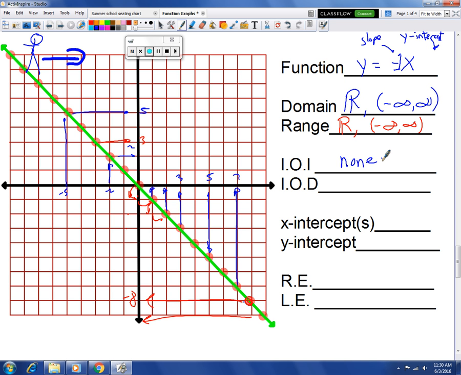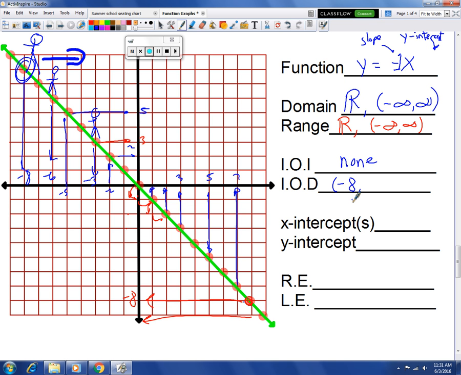All right, what's the interval of decrease? Well, let's see. At x equals 8, the green line is going down. At x equals negative 8, the green line is going down. At x equals negative 6, the green line is going down. At x equals negative 3, the green line is going down. Again, don't make that mistake and say, well, starting at negative 8 on the x-axis, write negative infinity.